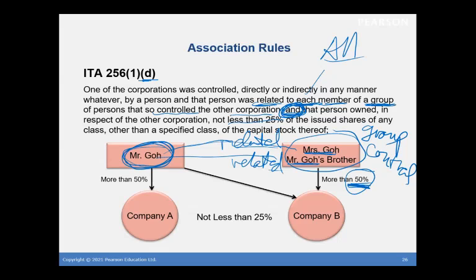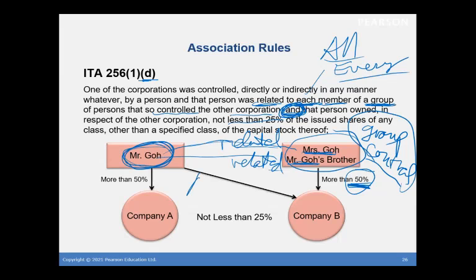This example doesn't tell us exactly how much Mrs. Go or Mr. Go's brother has, but together they have more than 50%. That's all that matters. So they form a control group. Mr. Go is related to every member of the control group.